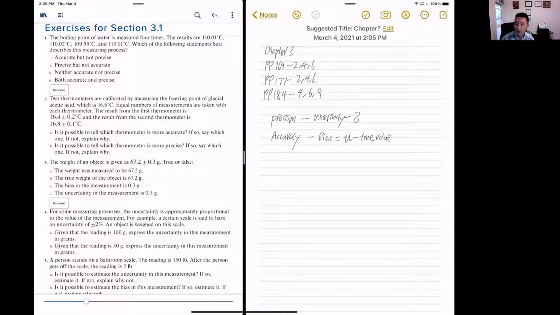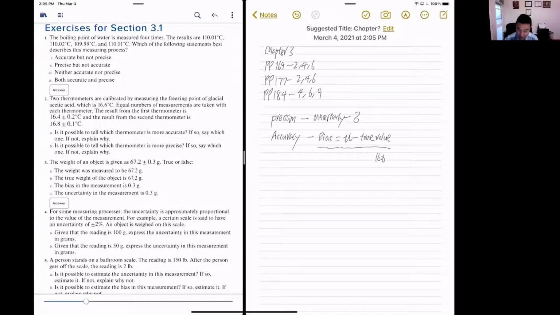So the first part asks, which thermometer is more accurate? Accuracy is judged by bias, so mean value minus true value. The true value is 16.6 degrees, which is the freezing point of the glacial acetic acid.